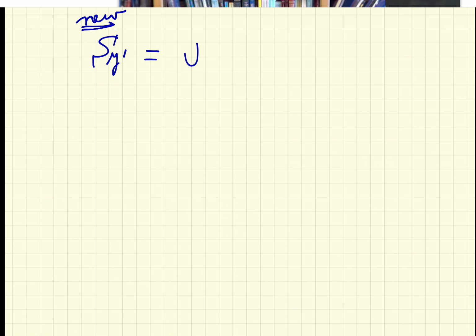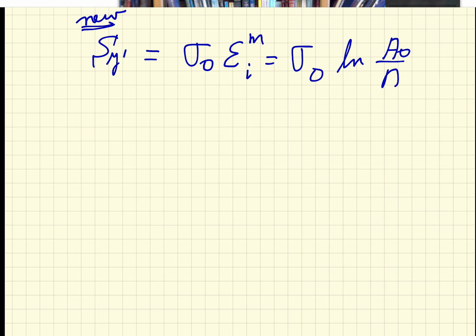This will be equal to sigma 0 times epsilon I to the power m, and epsilon I is now determined as the true strain exactly at that point, so at the point at which we released the load. So it would be ln of A over A0. We figured it's L over L0, which is A0 divided by A.